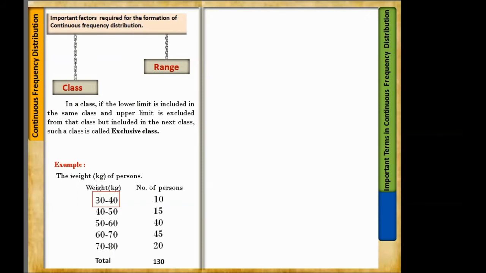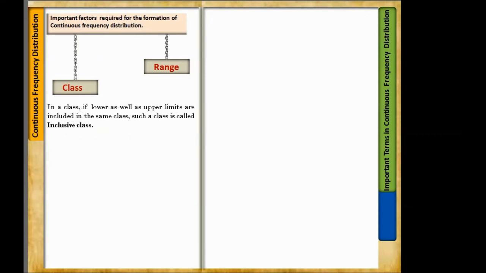In a class, if the lower limit is included in the same class and upper limit is excluded from that class but included in the next class, such a class is called exclusive class. Here, upper limit of the class equals the lower limit of the next class.